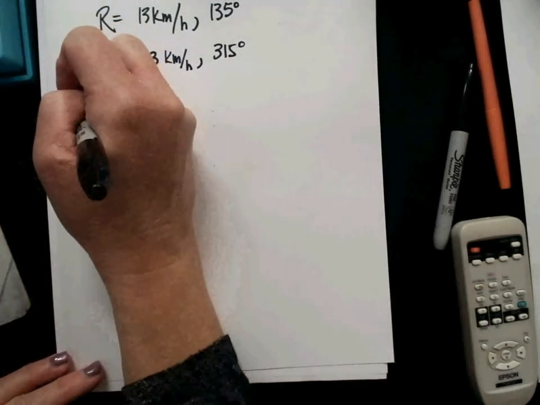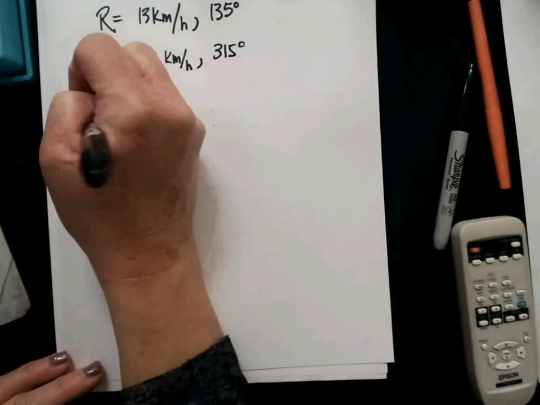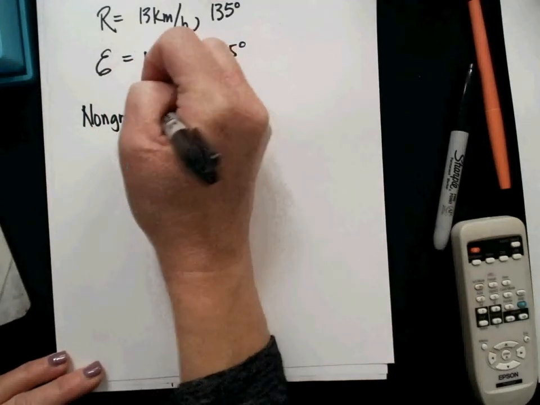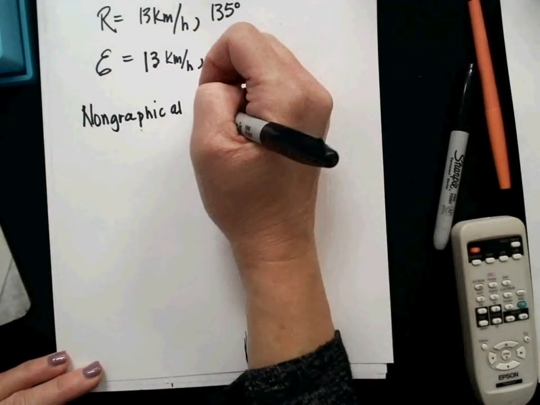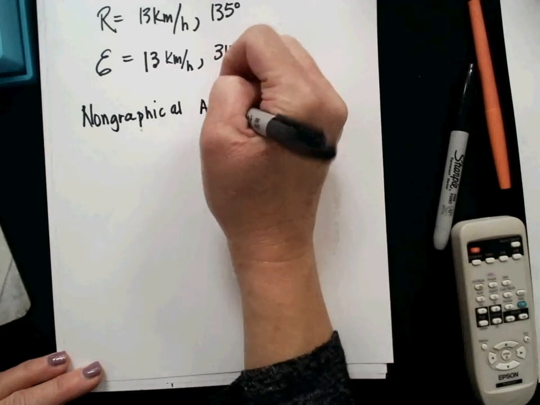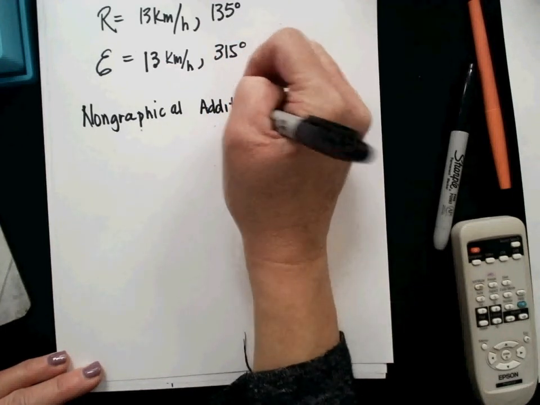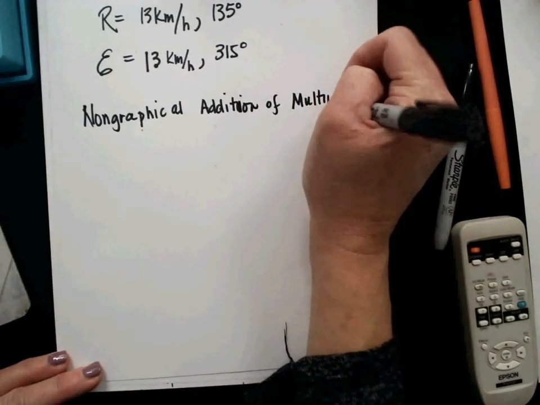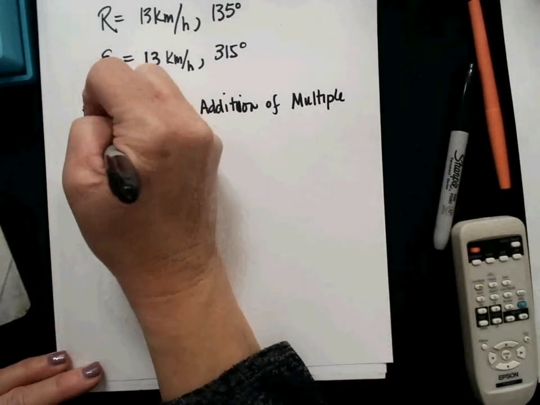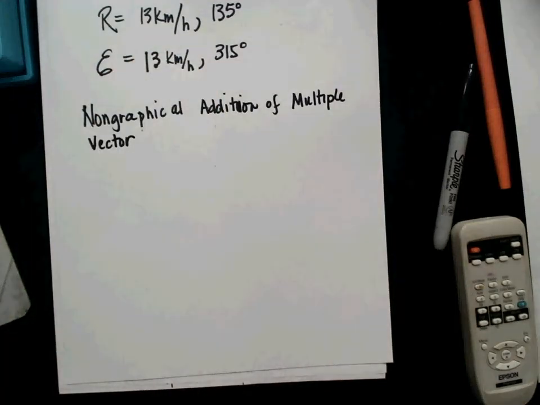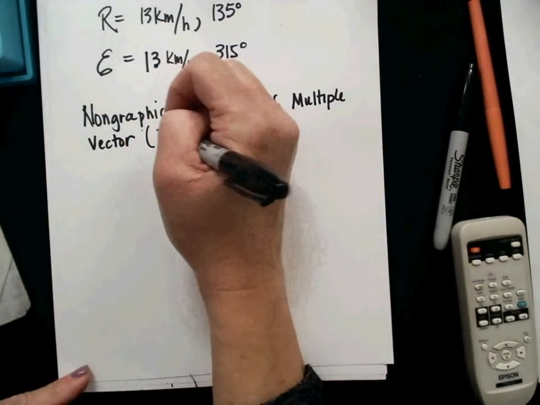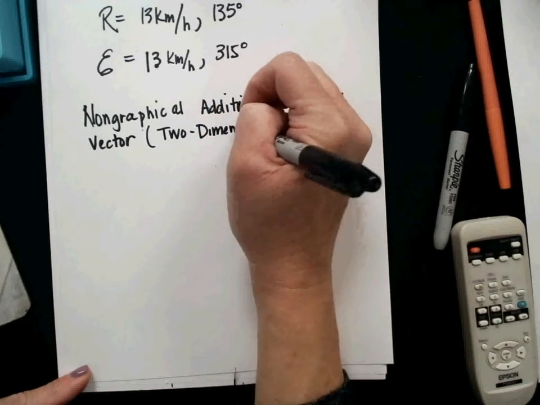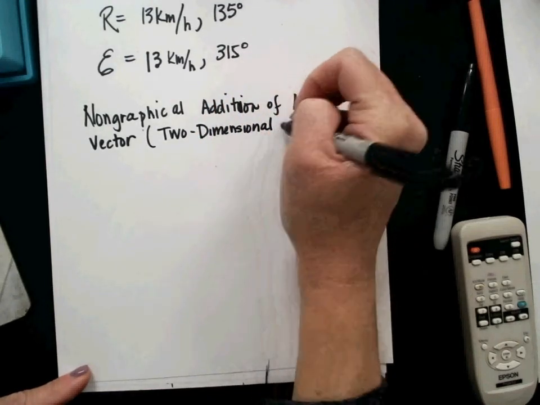So this would be non-graphical addition of multiple vectors, it won't always just be two. And really it could also sometimes be called two-dimensional motion.